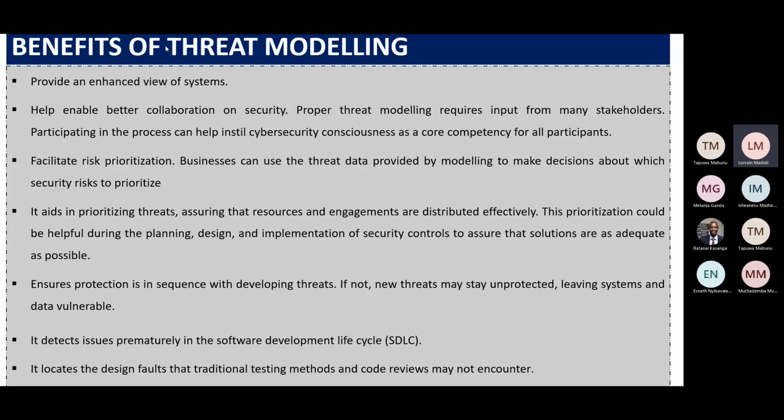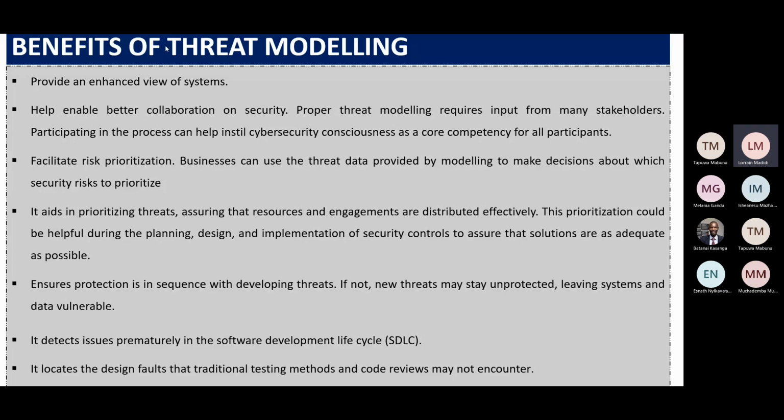The fourth point is that it aids in prioritizing threats, assuring that resources and engagements are distributed effectively. This prioritization could be helpful in terms of planning, design, and implementation of security controls to ensure that solutions are as adequate as possible.